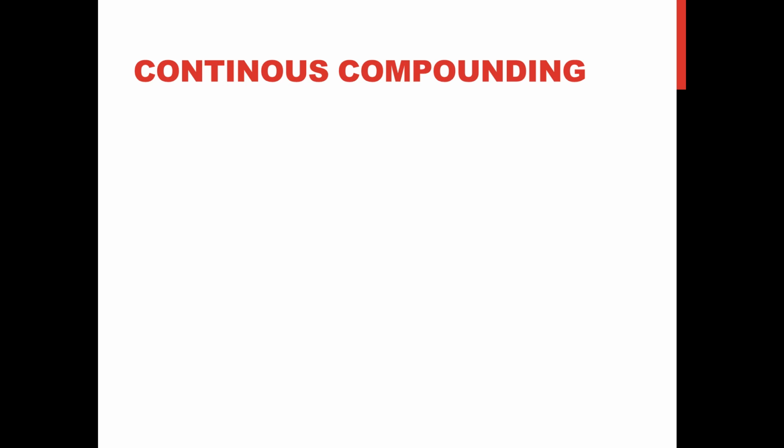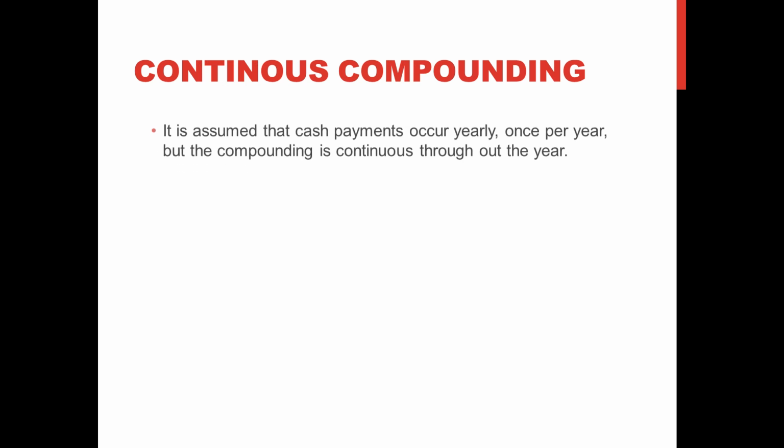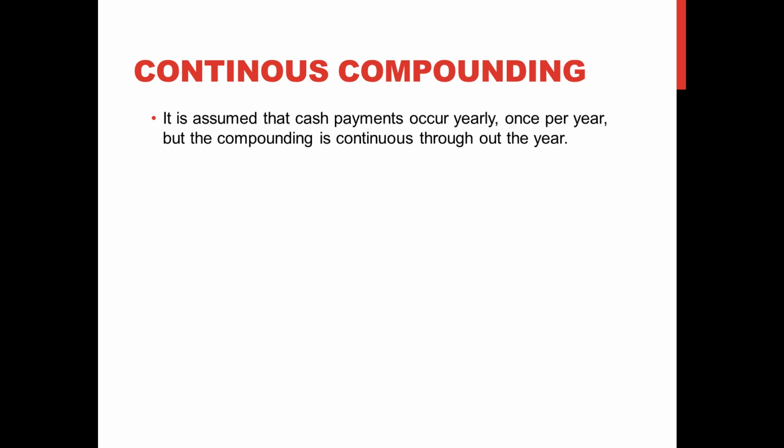So continuous compounding. This is not so new a topic, but there will be some variation on the expression or the formula involving compound interest. This time it is assumed that cash payments occur yearly, once a year, but the compounding is continuous throughout the year. So our formula involves F and the present worth just the same, but we'll have here the constant e raised to r times n.